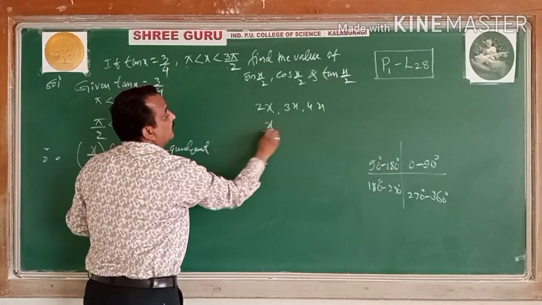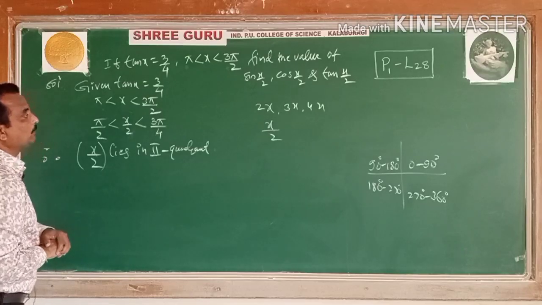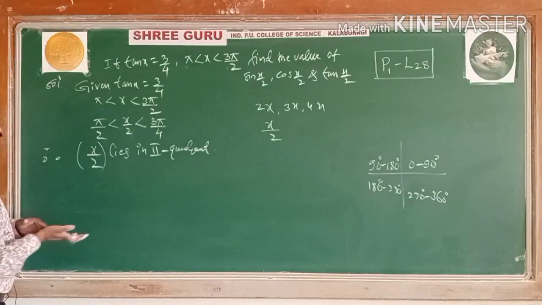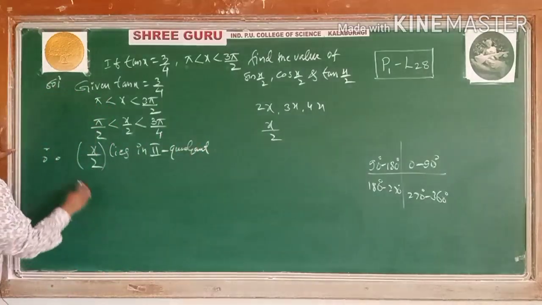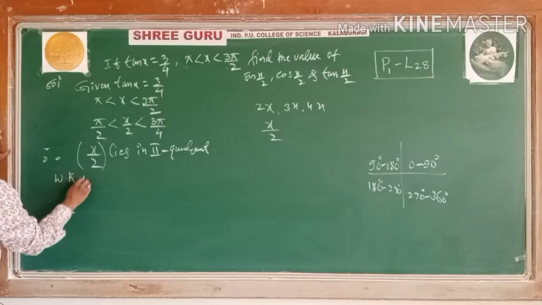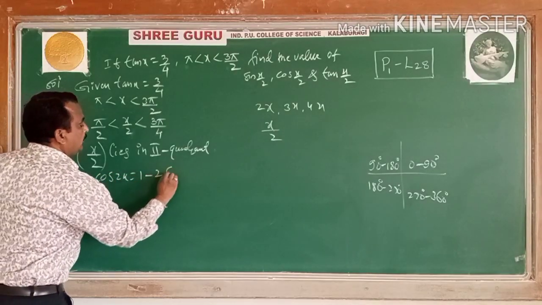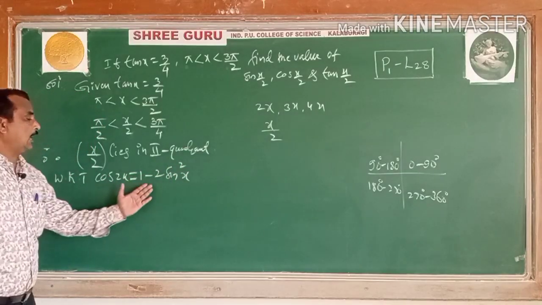Sub multiple angles are x by 2, these are the sub multiples. You will transform the formula in terms of sub multiple angles. Now see, students, we know that cos 2x equal to 1 minus 2 sin square x. You know this is one of the cos 2x formulas.